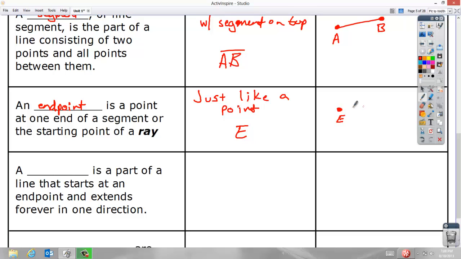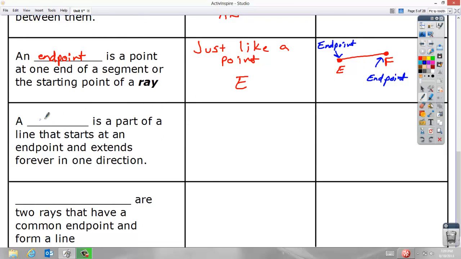Well, here's E, F. Now don't get confused and think that just one of them is the endpoint. Every segment has 2 endpoints, so they're both endpoints. Either one of them is a start point. They're both endpoints. It doesn't matter. There's no start and there's no stop to this segment. There's just 2 endpoints.